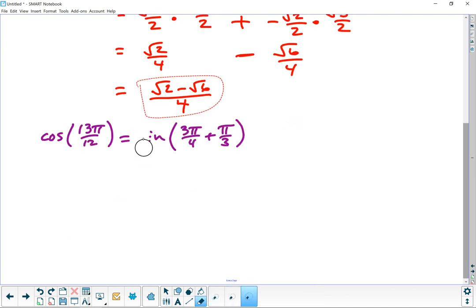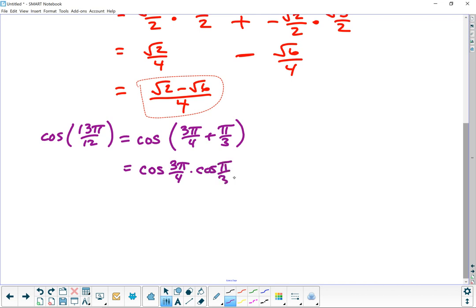Oh, why did I put sine? It's cosine. All right, the cosine rule is cosine 3 pi over 4 times cosine pi over 3. And cosine is the opposite, so minus, and then it's sine both times: sine 3 pi over 4 times sine pi over 3.